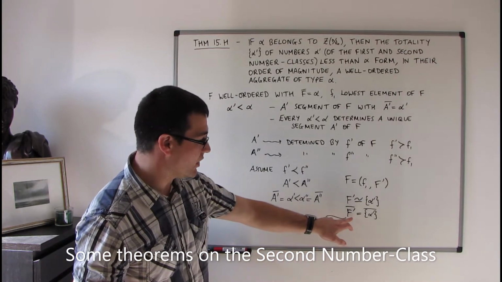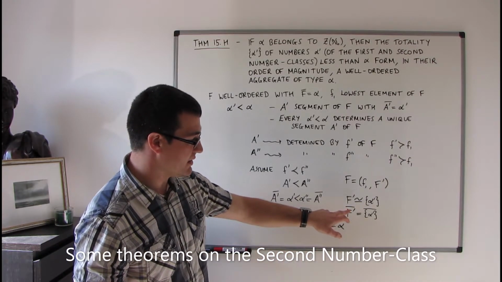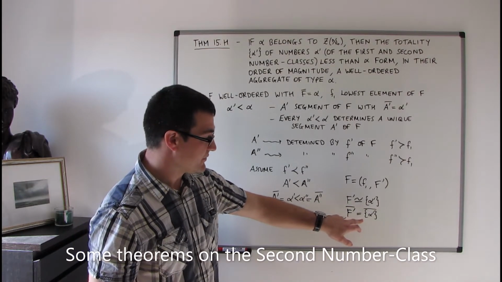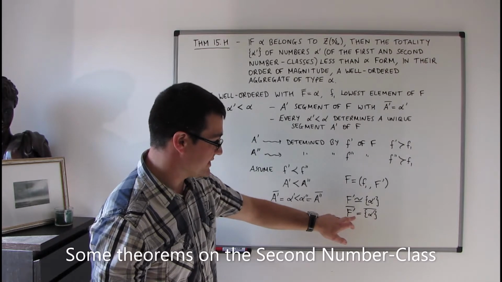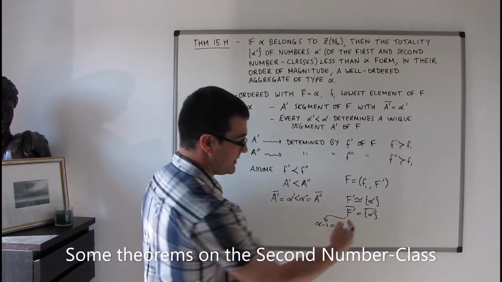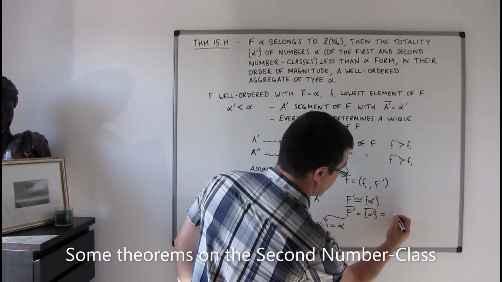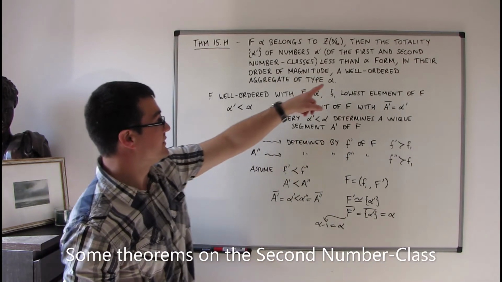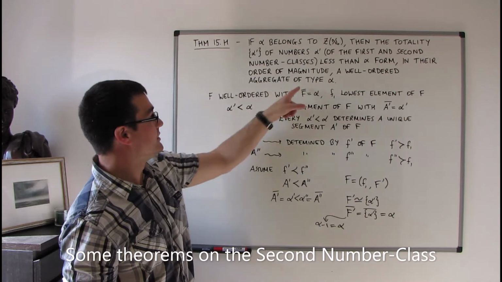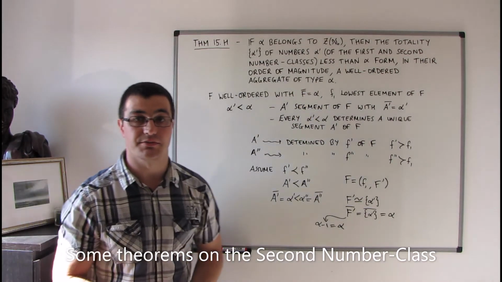So therefore, the ordinal number of f primed is equal to alpha, and therefore, because these have the same ordinal number, that means that the ordinal number of this must be alpha, which is exactly what I needed to show, that it's a well-ordered aggregate of type alpha, and that finishes the proof.